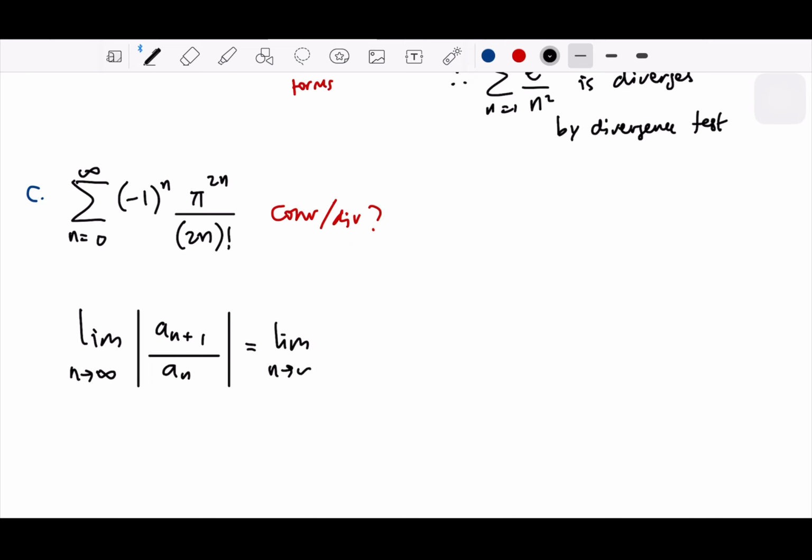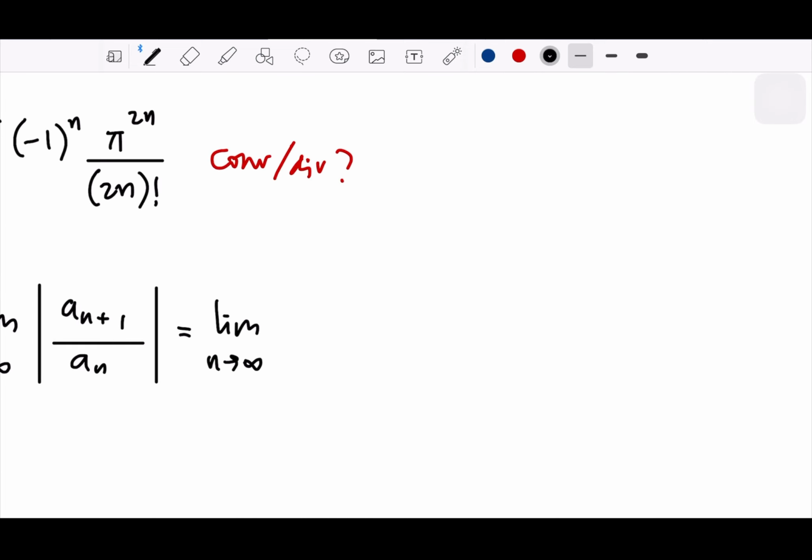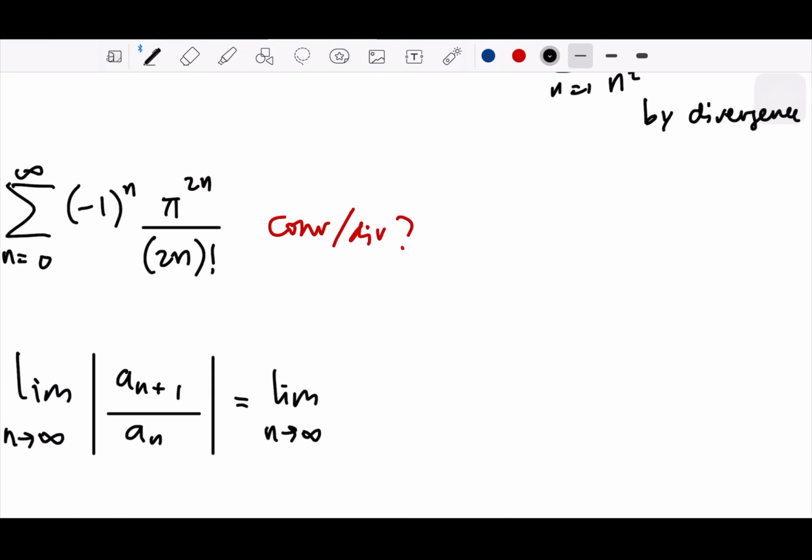So we can write this in terms of a_{n+1}. Careful, what you need to change is the n, not add plus 1 to the whole thing. That's wrong. So n needs to be replaced with n plus 1, like this.